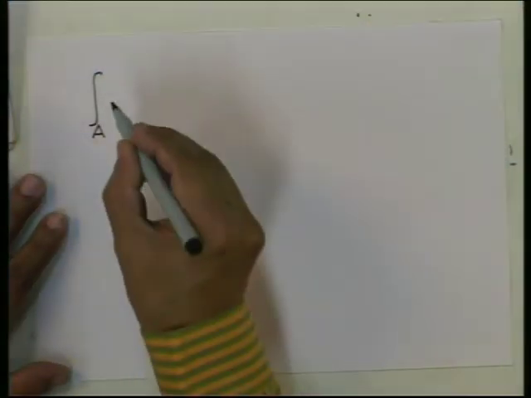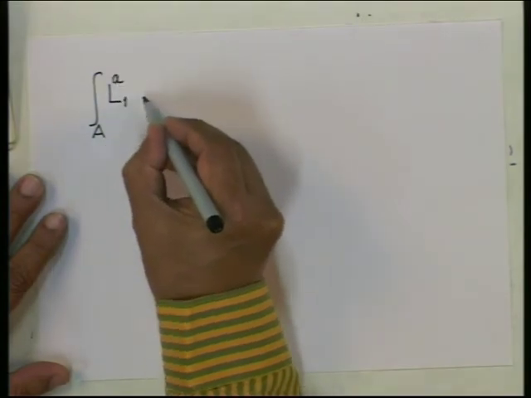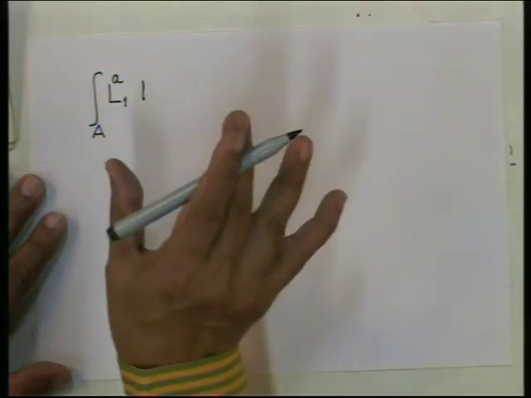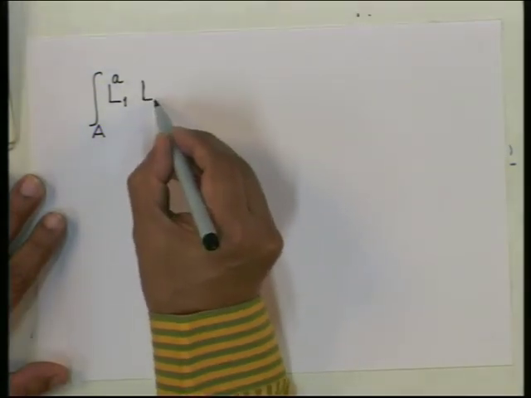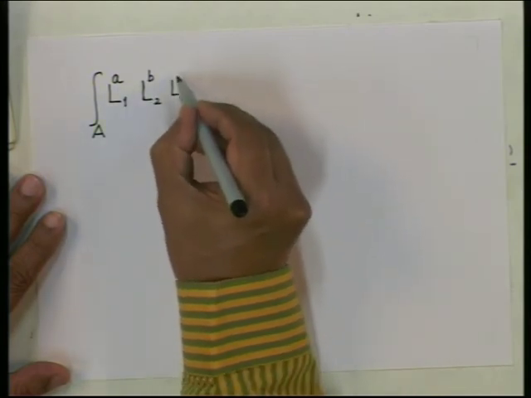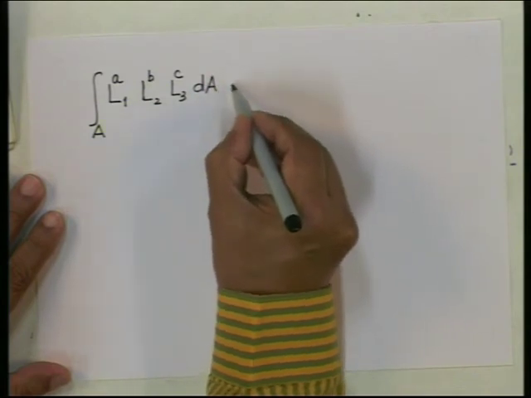So the two important formulas that I will take from this paper: if you have to integrate over area, because the thickness of a triangle is constant, and you have something like L1 to the power a, L2 to the power b, L3 to the power c, which you have to integrate over the area of a triangle.